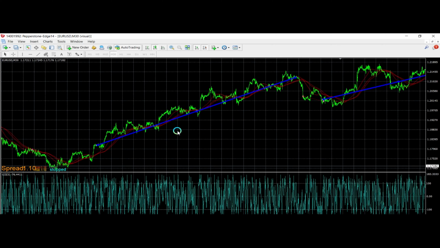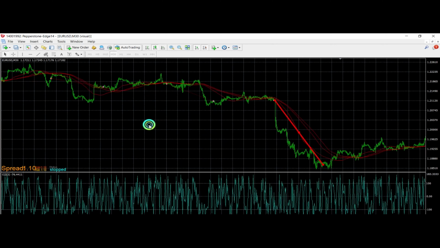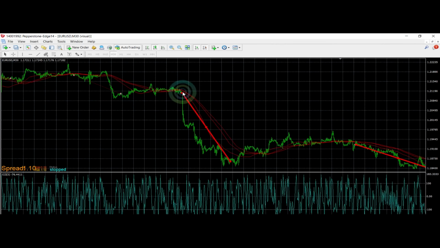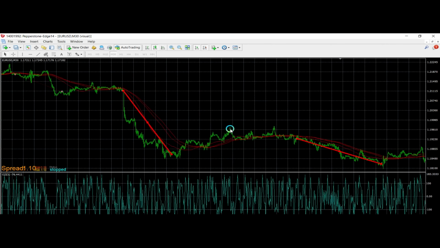I will show you some sell trade examples as well. Here it is. It is basically the perfect place to sell this trade, and it did exactly that automatically. And this is a pretty nice trade too. I wanted to show you that.